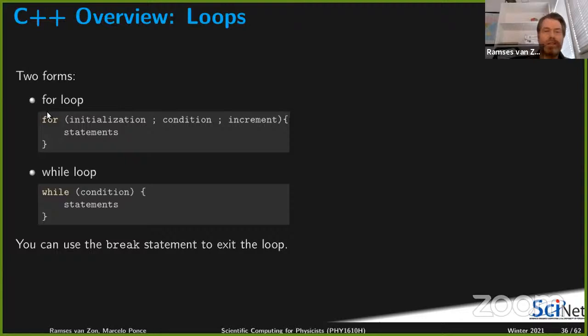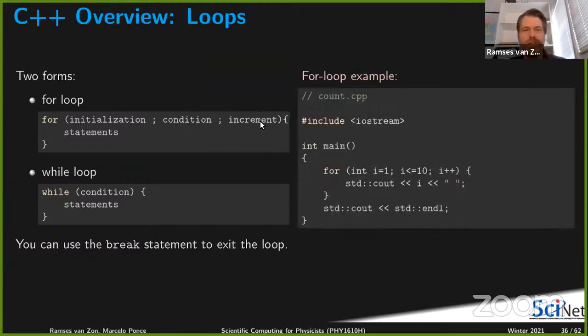Another way that is more idiomatic for C++, or at least it used to be, is that you say for, and then you give 3 statements. One initializes your variable. Second is the condition, kind of like the while, and then what should happen from one loop iteration to the next, also called the increment.